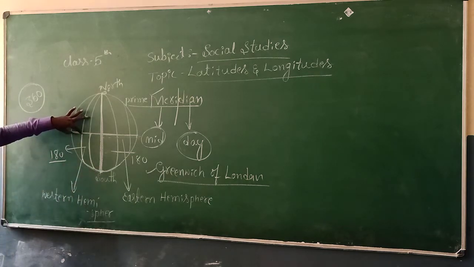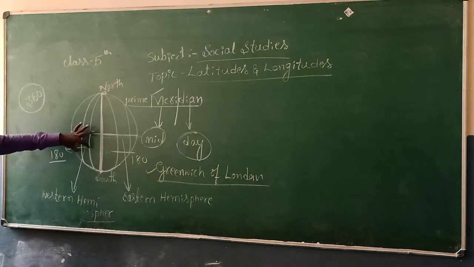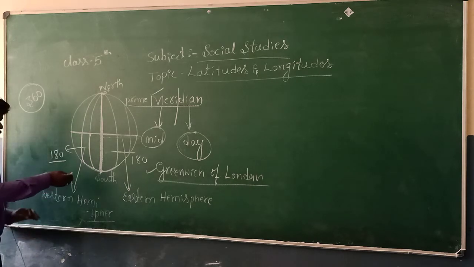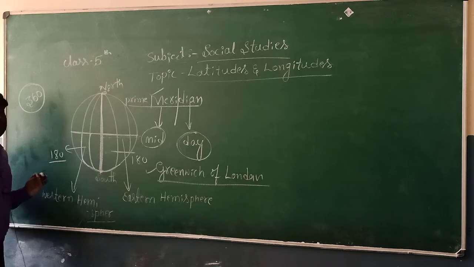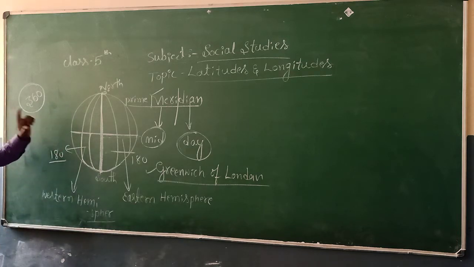There is a large distance at the equator, and the distance decreases as the distance from the equator increases, because they are curved at the poles.